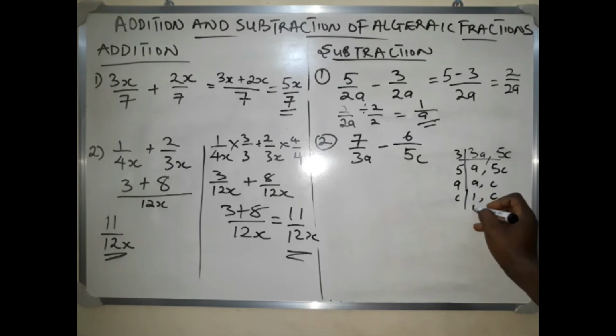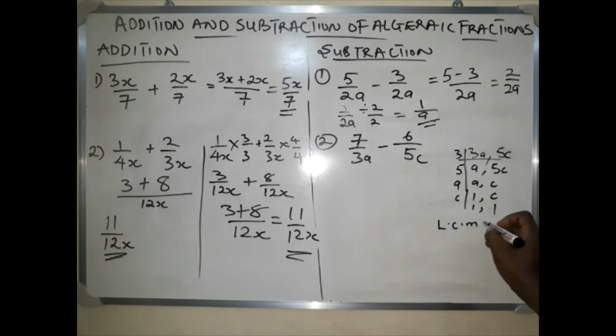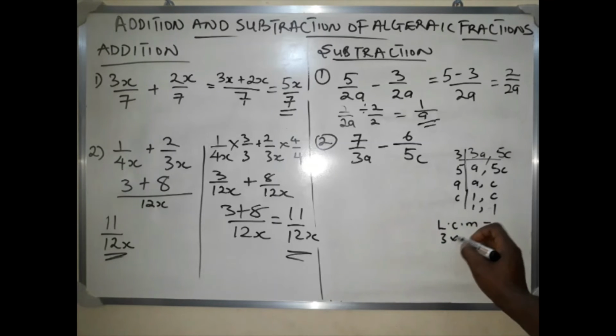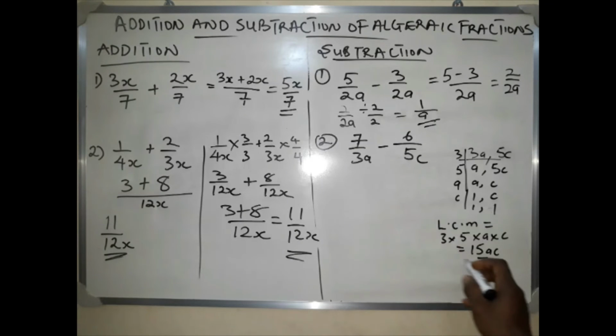C divide c will give you 1. So the LCM will now be equal to 3 times 5 times a times c, which is equal to 15ac. That is the LCM. The LCM of 3a and 5c is 15ac.